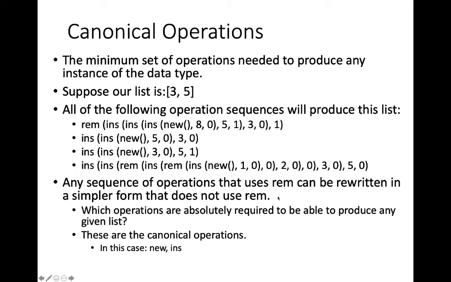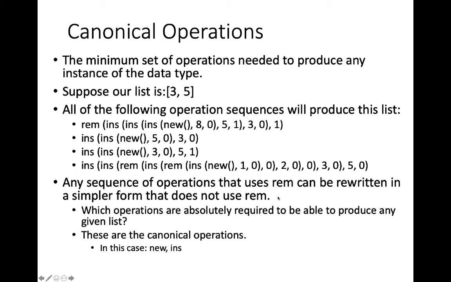I could have taken a new list, inserted 8 at the 0 position, then inserted 5 at the 1 position, then inserted 3 at the 0 position, and now 8 is at the 1 position because I inserted 3 before it, and now removed the thing that's in the 1 position, which happens to be 8, and now I'm left with a list that starts with 3 as the first thing, and then 5. That sequence of operations will result in a list of 3, 5.